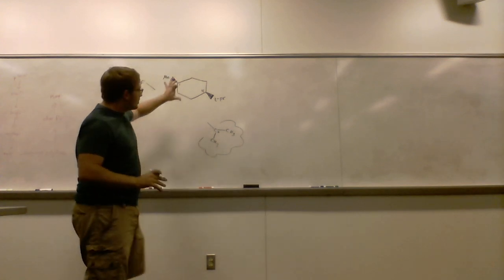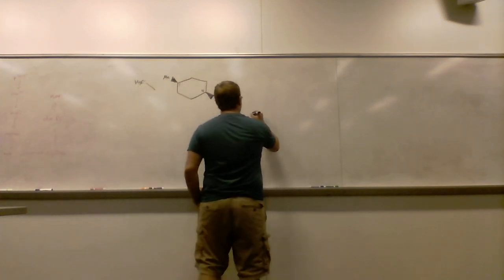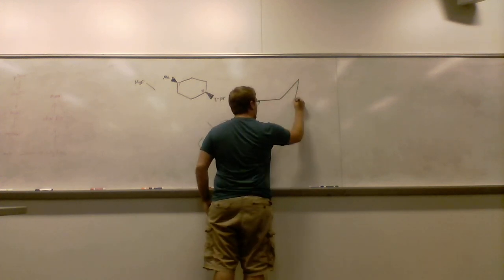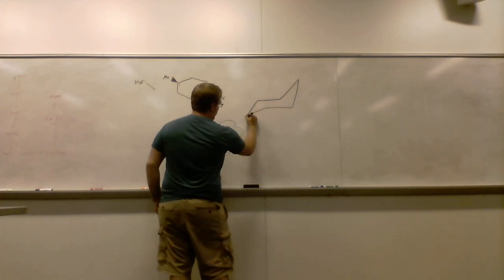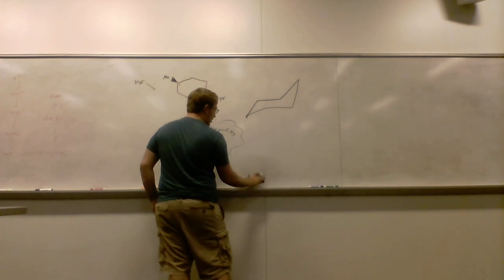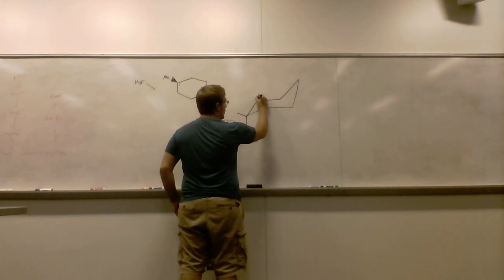So let's convert this structure here into a chair structure. So first, go ahead and draw your chair, and also go through and put all of the axial and equatorial tick marks.